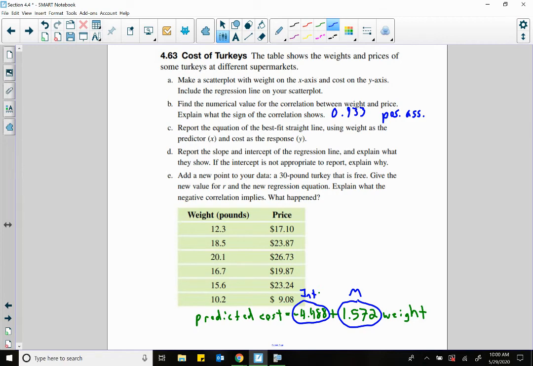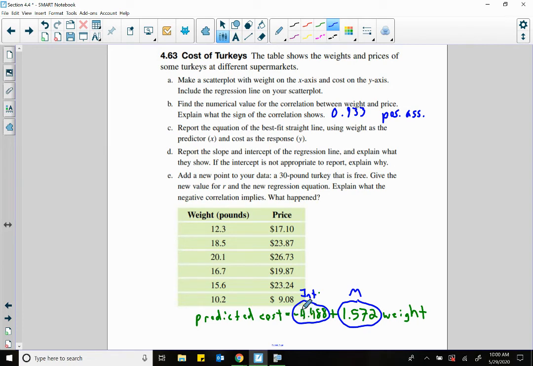The intercept means that if I have a turkey that weighs 0 pounds, then someone is going to give me $4.49. That's what it means to be negative in terms of money for this one.